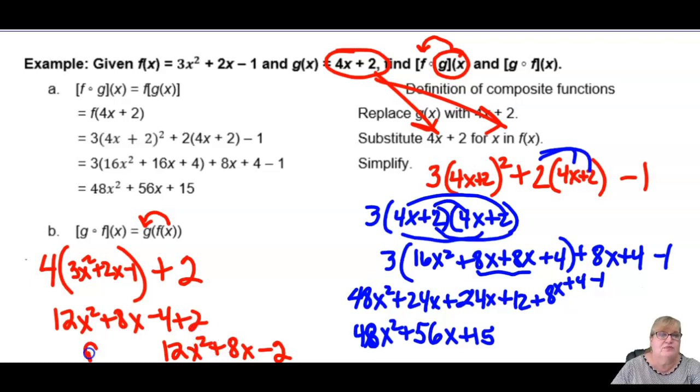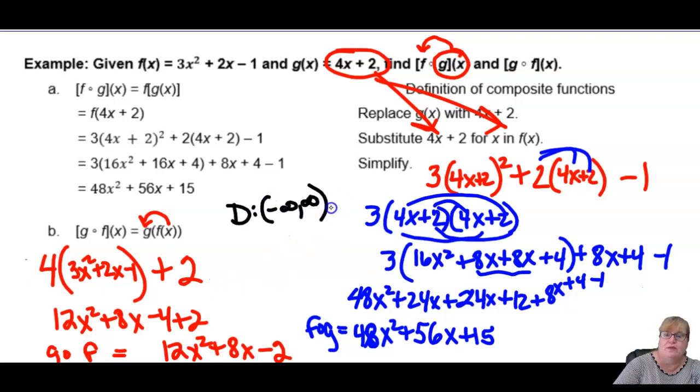All right, so this was f of g, and this is g of f, which was putting f into g. But at the end, there were no radicals and there were no denominators. So for both of these, the domain is simply all real numbers. Okay?